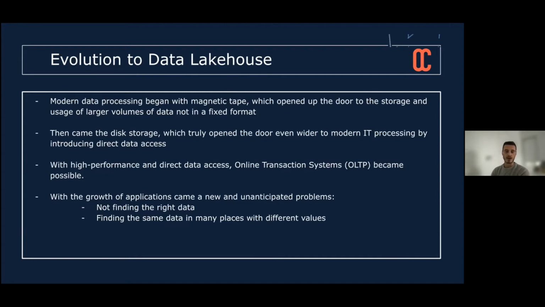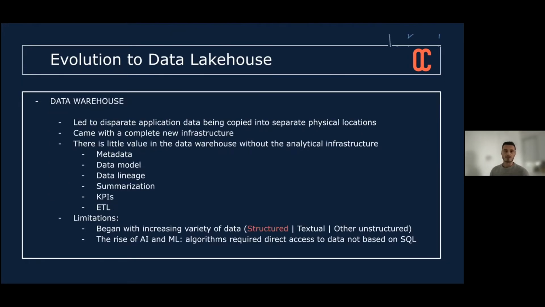But with the growth of applications, new problems appeared. We have a lot of data, we have trouble finding the right data, and we also find the same data in many places with different values. So this required a solution.